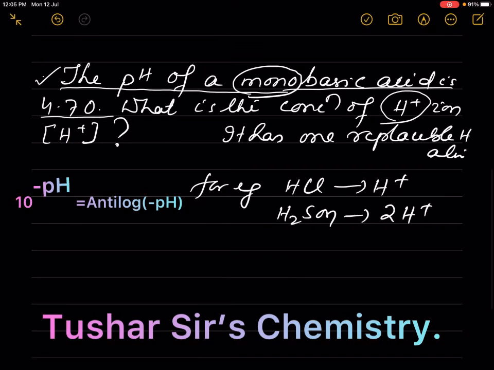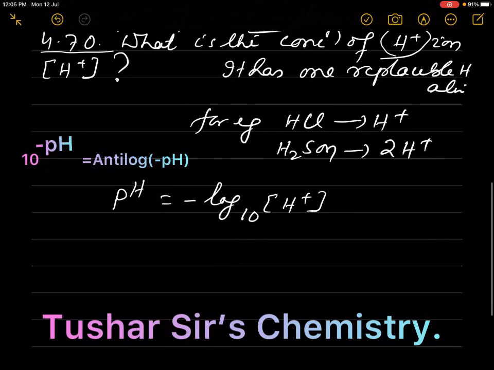As we know, pH is minus log base 10 of H plus ion concentration, or you can say minus log 10 H plus is equal to pH.